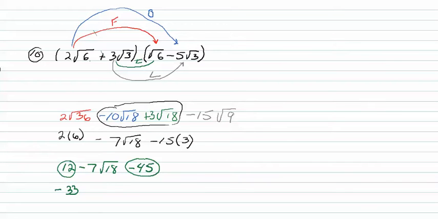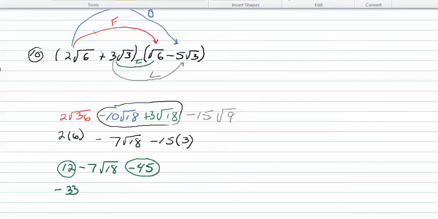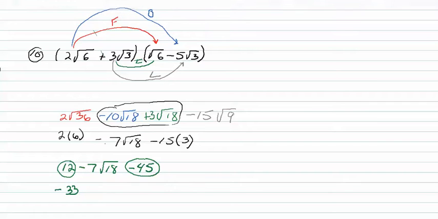Okay, now I look at square root of 18. Can I simplify that? And I can. I can simplify this by going to keep the negative 7, make this a radical 9 and a radical 2. I keep my negative 33, I keep my negative 7, I simplify square root of 9, which is 3, and I have a square root of 2 left.